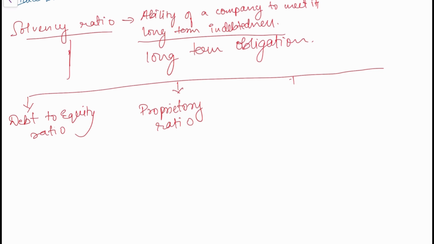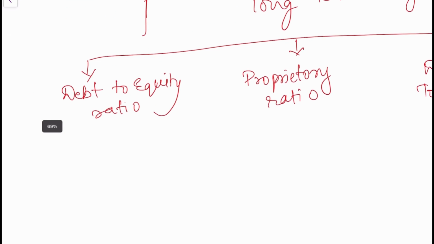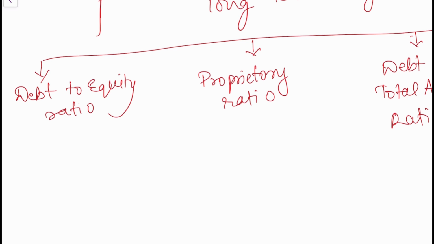Third one is debt to total asset ratio, and fourth one is interest coverage ratio. Okay, so first let's do this debt to equity ratio.